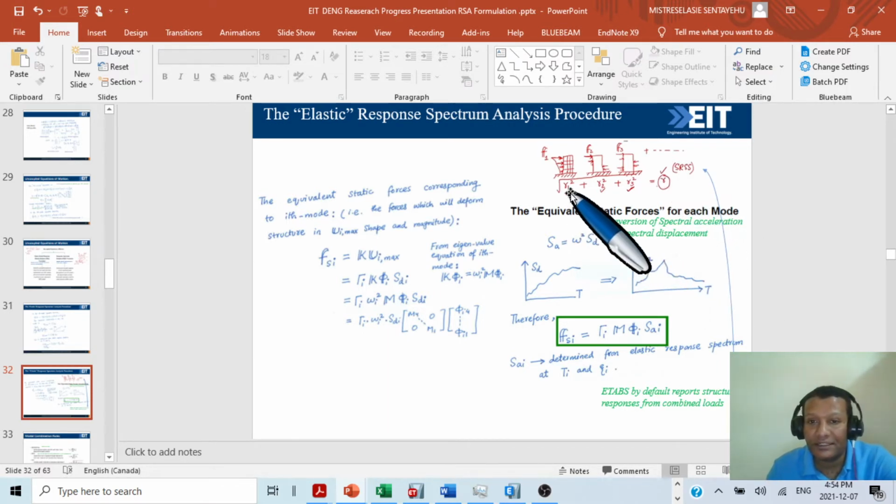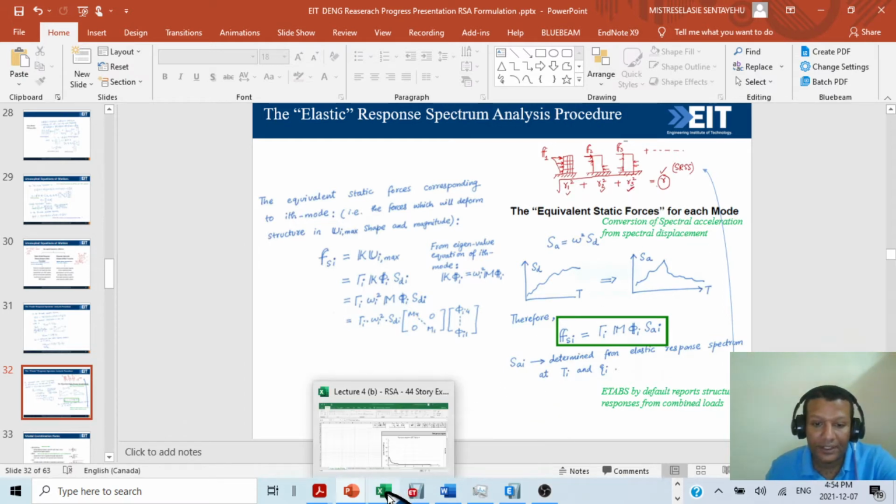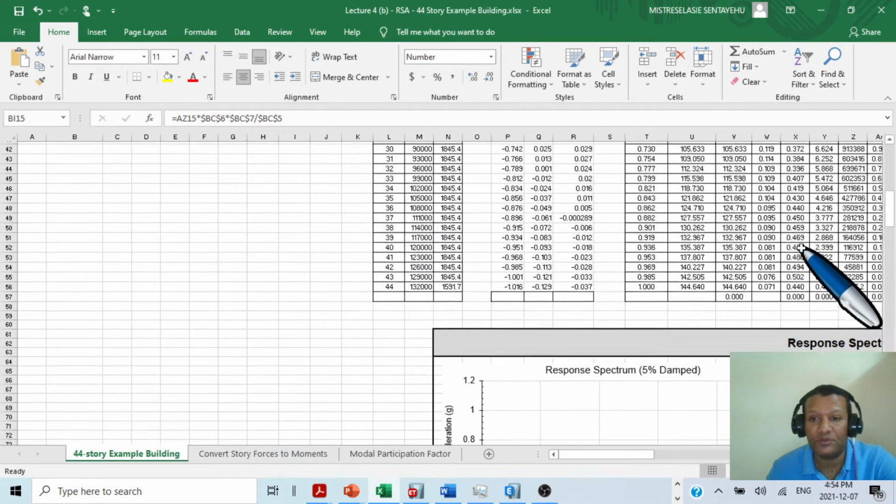As you can see, each mode has its own response. I will show you this with a worked example.